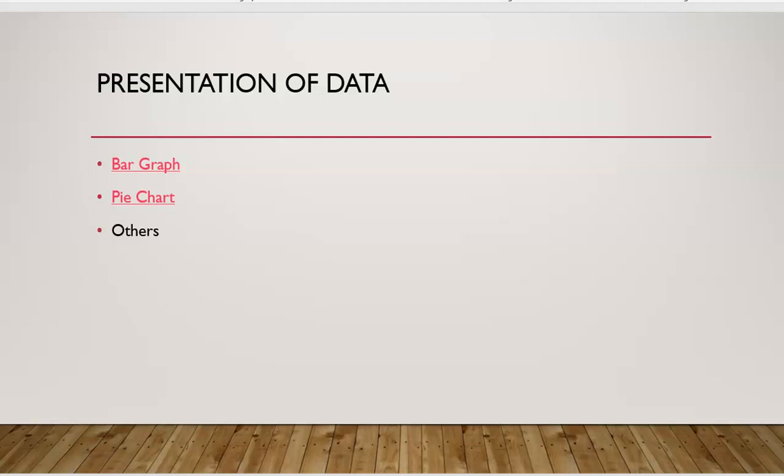There are many others, and different categories of pie charts as well. Presenting data is very important. Sometimes reading a paragraph is very difficult to understand, but if we make a simple bar graph, we understand it better. So presentation of data helps in apprehension of the data. Let's move on.